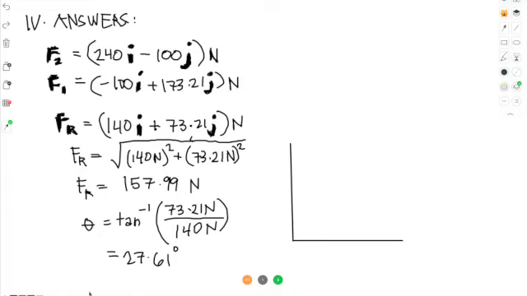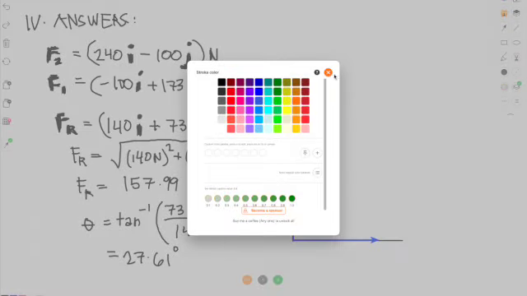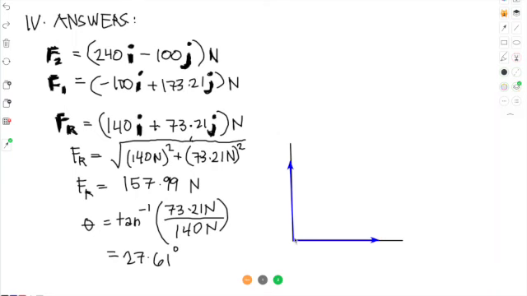So let me use this. The component in x is here, and it's 140. The component in y is here, and it's 73. So most likely your resultant force would be here. Correct?